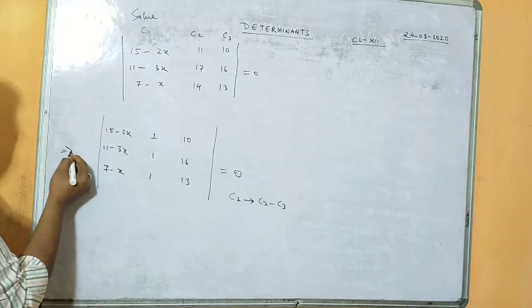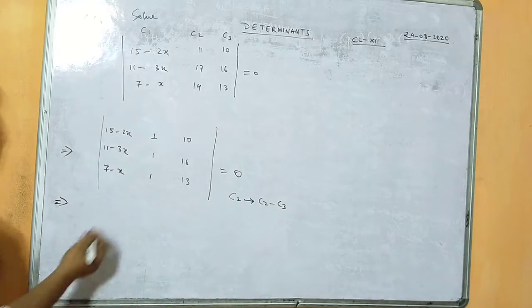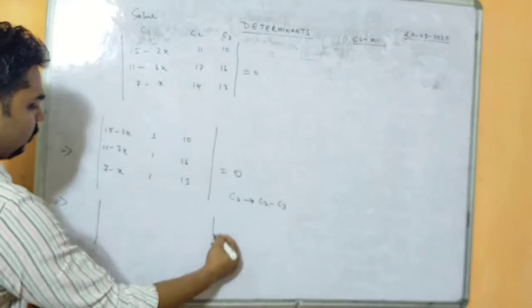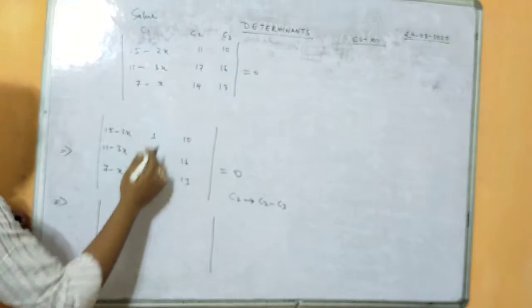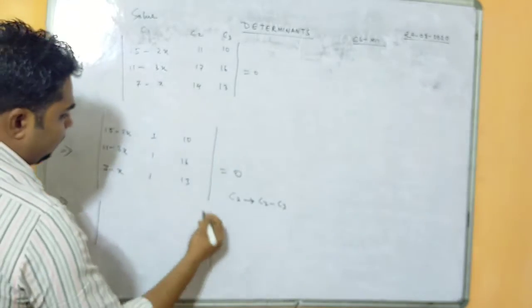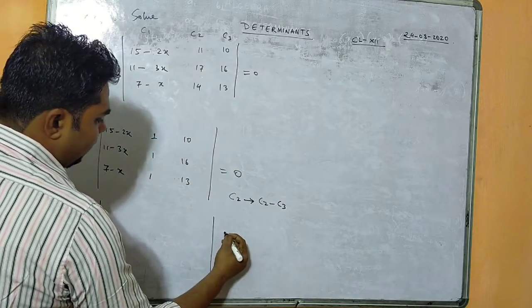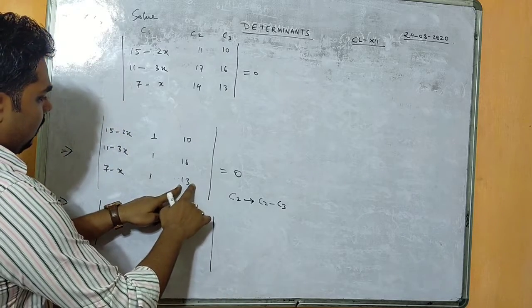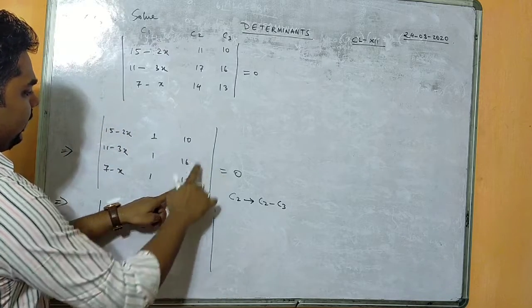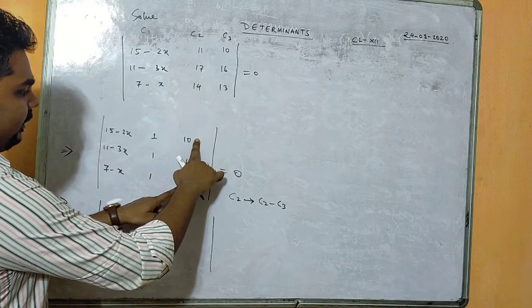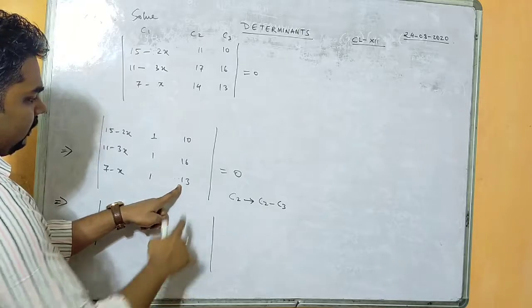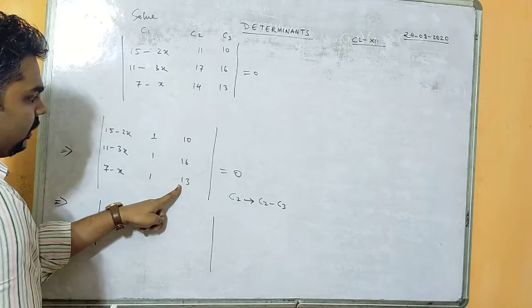Now again, out of these 3 1s, as I have already told, we have to make 2 zeros. So this one we need to make 0. Let us consider, now one thing you see, R3 minus R1, that is 13 minus 10, that is 3, and 16 minus 13 is also 3 here.